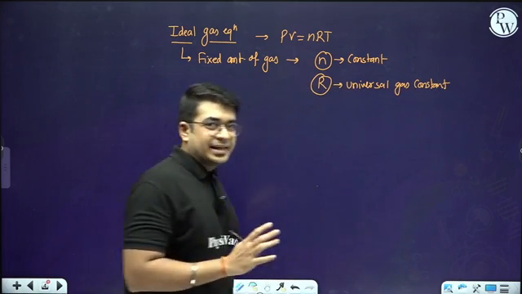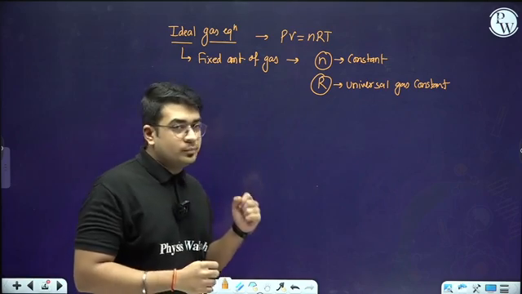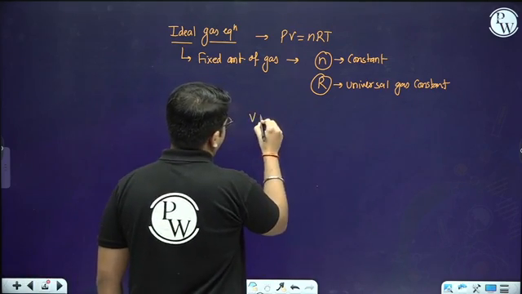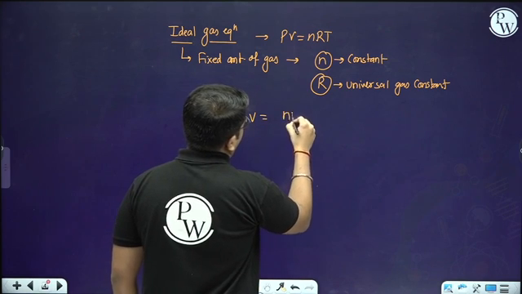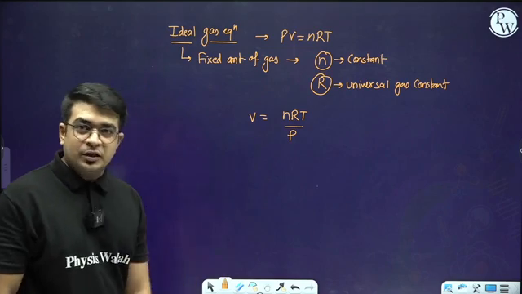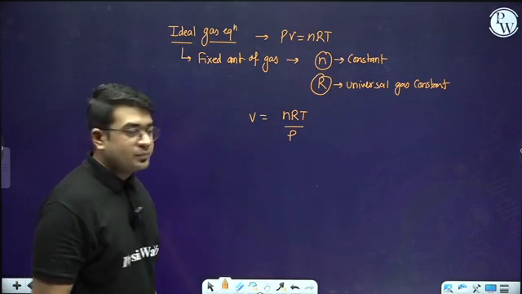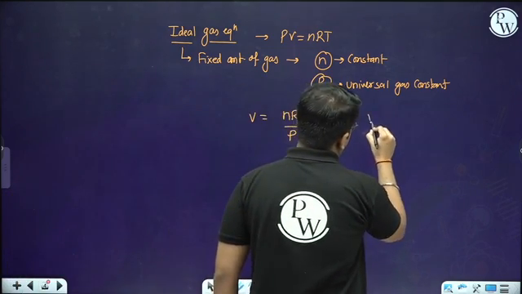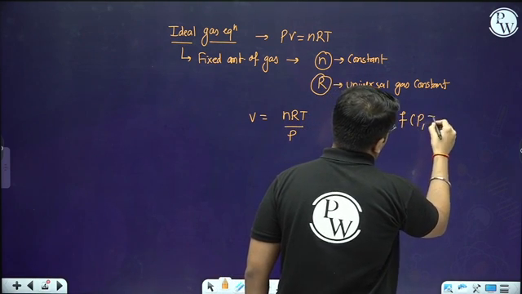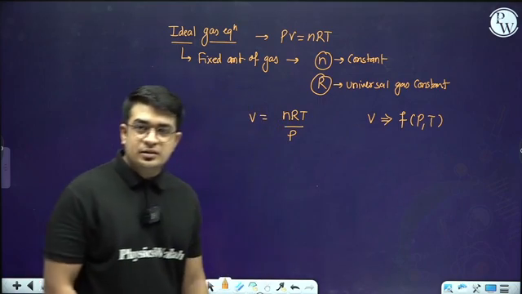It means in this case the variables are volume, temperature and pressure. So I can write V = nRT/P, and from this I know that n and R are constant. It means volume is a function of pressure as well as temperature, because these are the variable things.